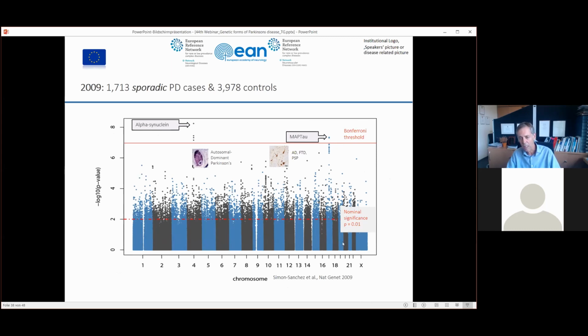That's a depiction of the significance of the association of a variant along the entire genome from chromosome 1 to the X chromosome for being a risk factor for the disease. And you can see that the alpha-synuclein here is a risk factor, and the tau gene is a risk factor. That was only the first study.